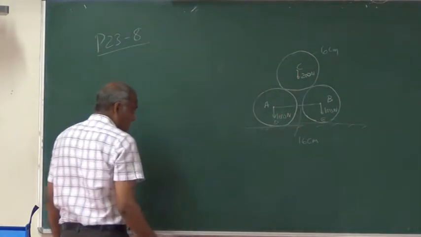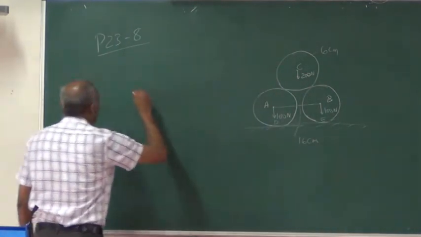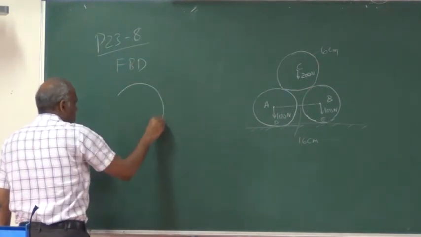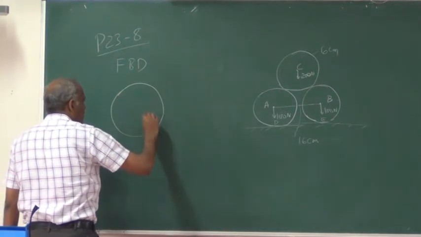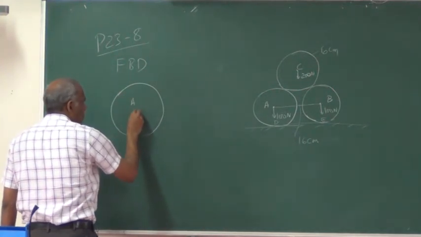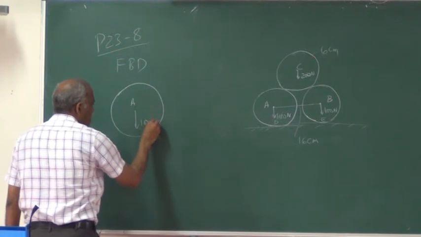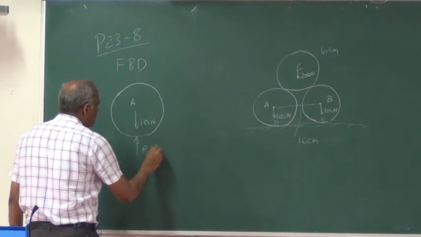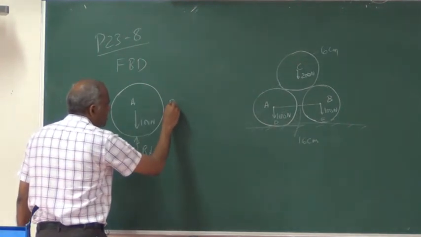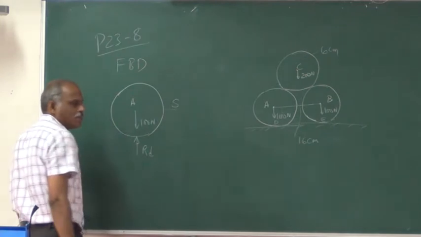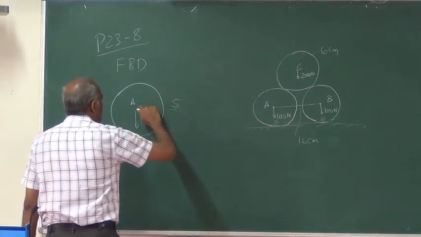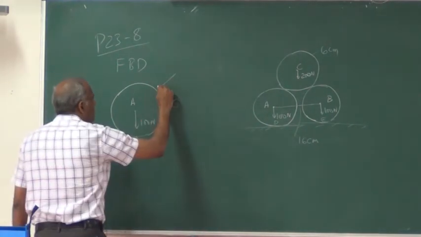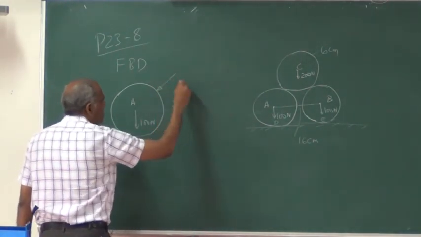Now let me take the free body diagram of the lower one and upper one. So free body diagrams. The cylinder with the center A. So you have here 100 Newton, then you have here RD, then you have here the tension which is represented as S, then you have another force which is applied by the upper one here.